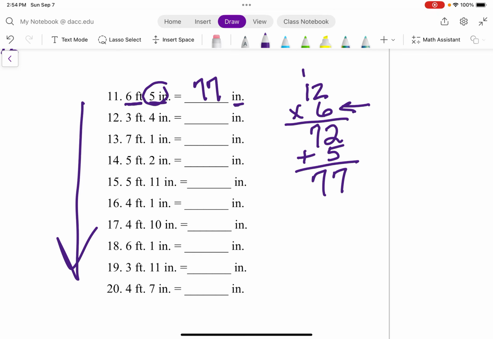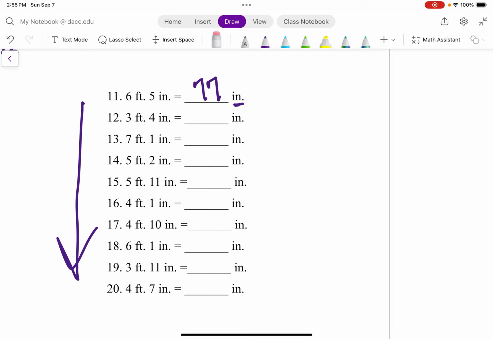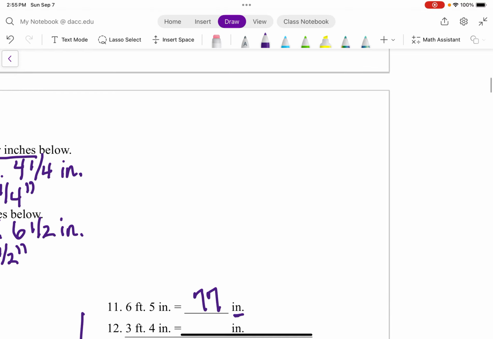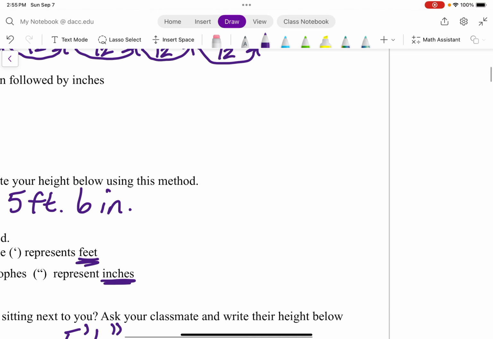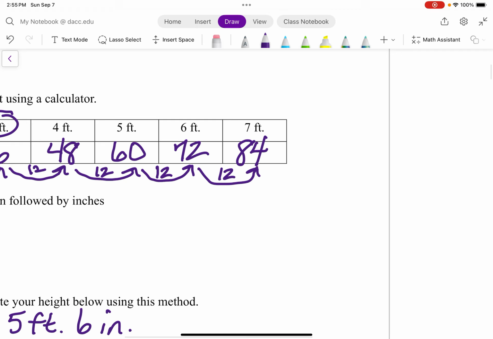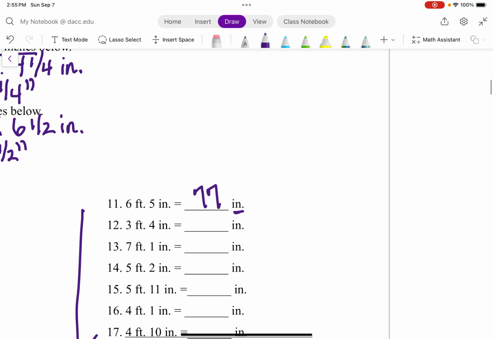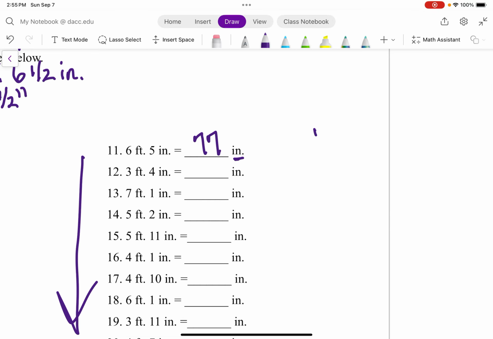And remember, if you were to write that chart up above onto a paper, if you're trying to figure it out, let's scroll up and see what 6 feet is. 6 feet is equal to 72 inches. So we could come back down and say, okay, 72 inches I know is 6 feet, and I have 5 more inches to add to it.